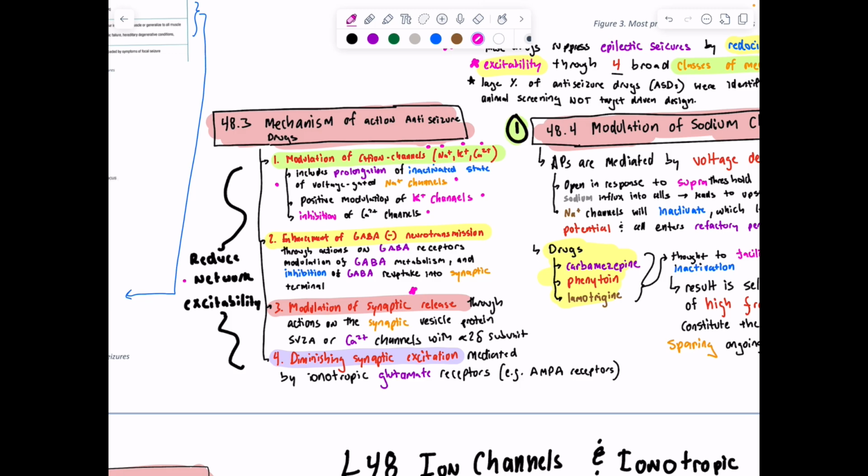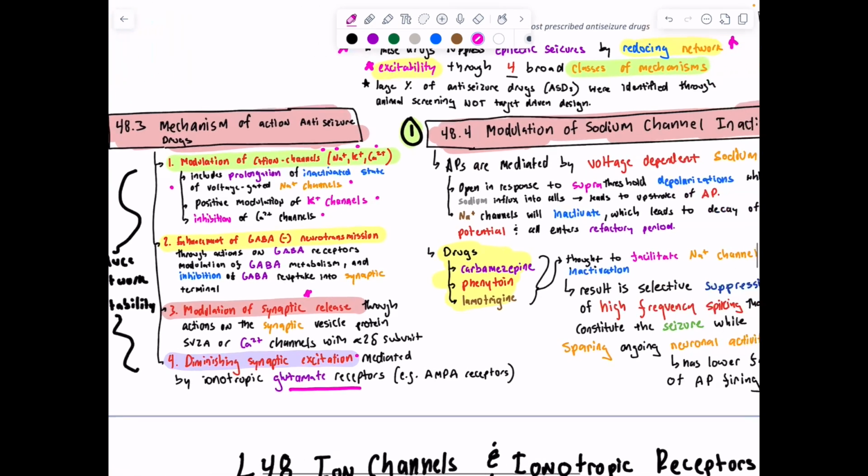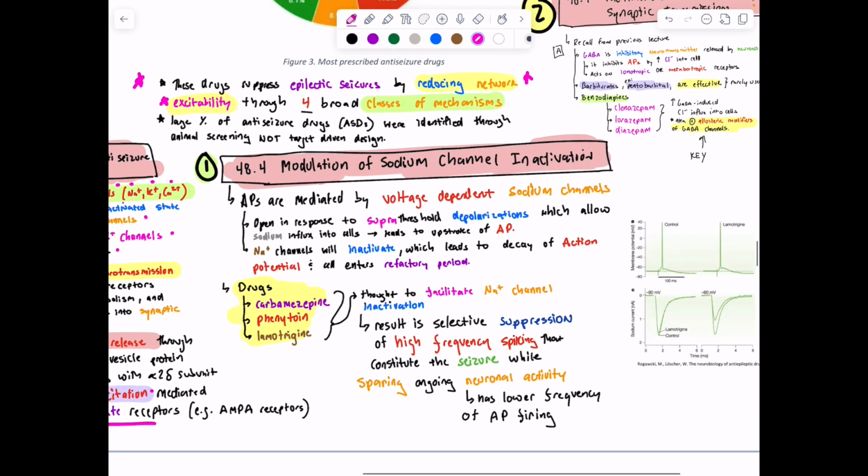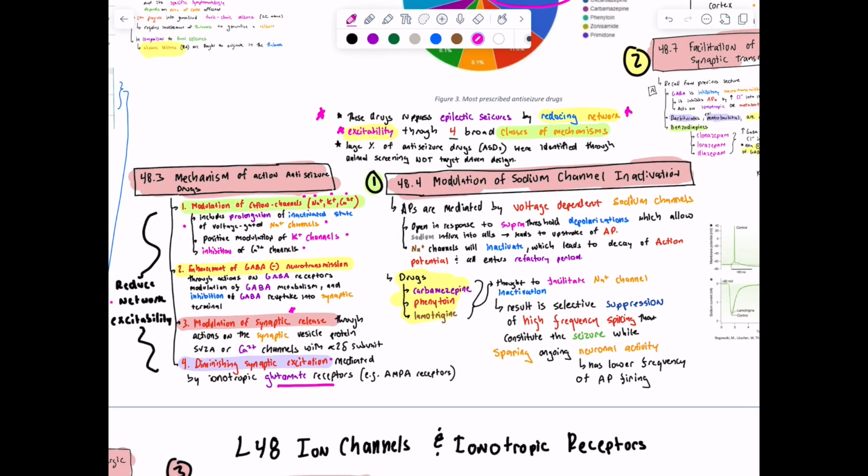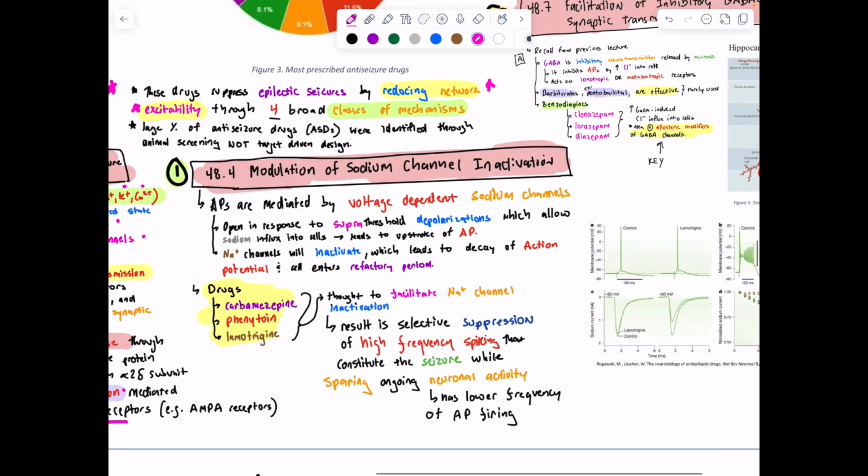If you have GABA being stored in synapses, can we release more GABA? That would be cool. And then diminish synaptic excitation mediated by glutamate receptors. If glutamate's stimulatory, excitatory, could we diminish the activity of those slightly? These are our overall targets for dealing with overexcitability, the abnormal brain activity that you see in seizures.